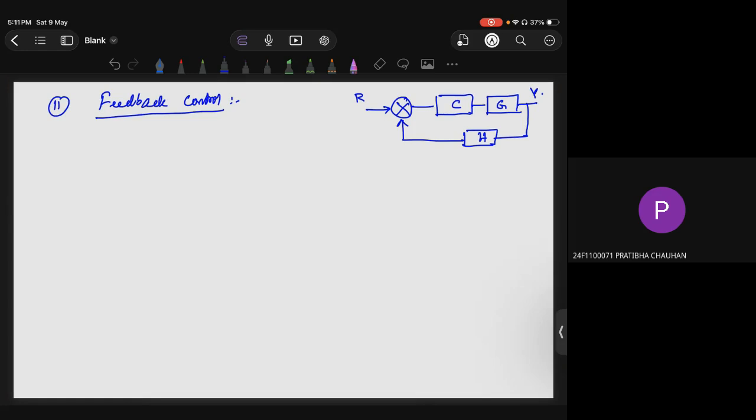We have seen the closed loop system advantages: when we keep the feedback, the response will be faster, more stable, and less sensitive to parameters, though there is a possibility of getting oscillations. Suppose you replace this C with K, that means a proportional controller.